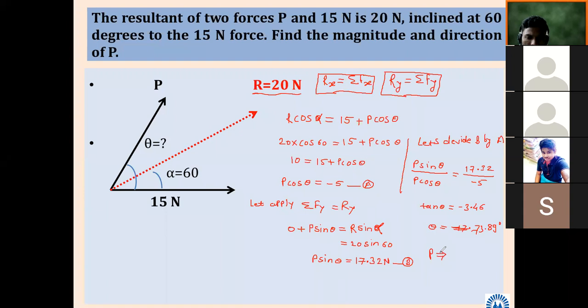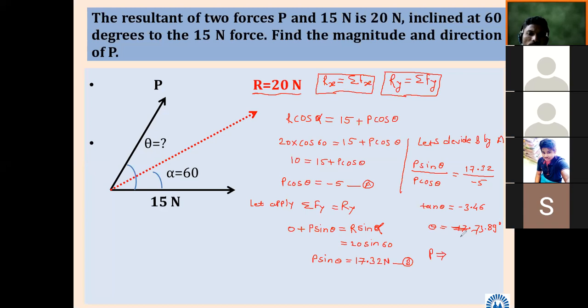You can put it in any of the equations, maybe A or B. So whether this value 73.89 is correct. Correct.